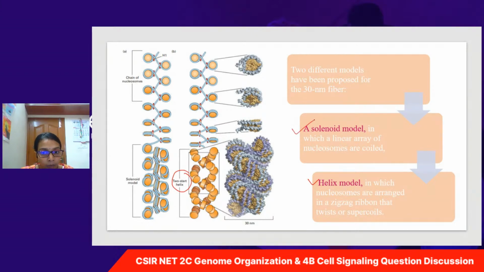In the solenoid model, a linear array of nucleosomes is coiled, as you can see, the linear arrangement. But this helical model, or the two-start helical model, as the name indicates, looks like a helix. So your nucleosomes are arranged in a zigzag pattern, forming supercoils and twists. Okay, so this is your two-start helix.